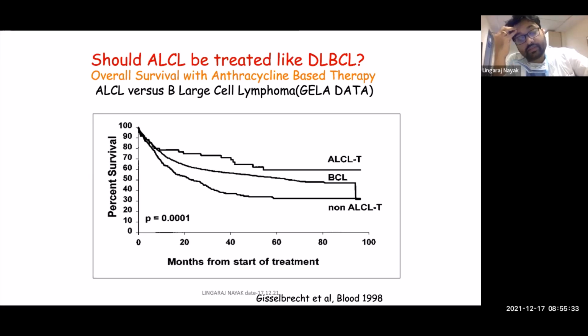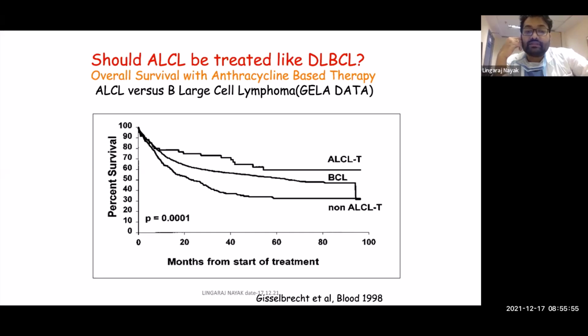If you remember my lecture on DLBCL, the Fisher paper came in 1993, where it settled the controversy of whether intensification is needed in B-cell lymphomas, at least CHOP versus intensive therapy, and there was no difference. So here people have used multiple different kinds of regimens, starting from CHOP, CHOEP, BACOP.